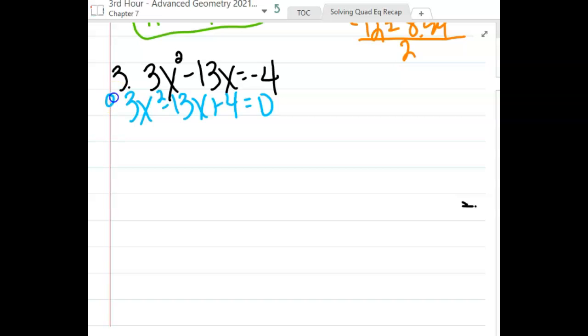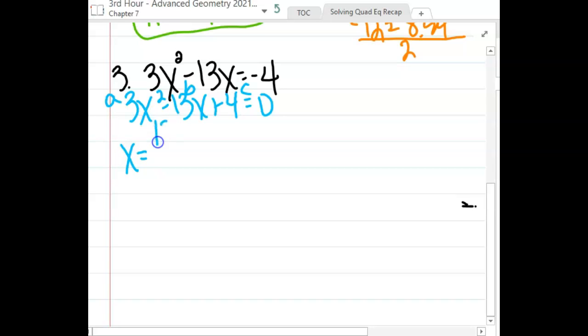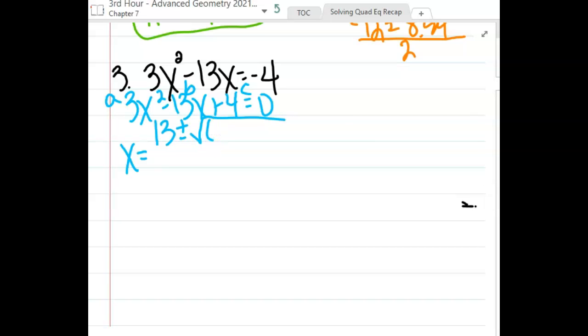So if we do the quadratic formula, a would be 3, b is negative 13, and c is 4. So we would do x equals, this time the opposite of b, the opposite of negative 13 would be a positive 13, plus or minus the square roots. Now be really careful here, because when you take b squared, you are squaring all of b.